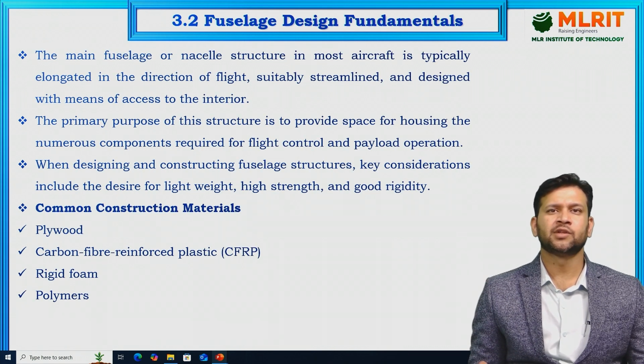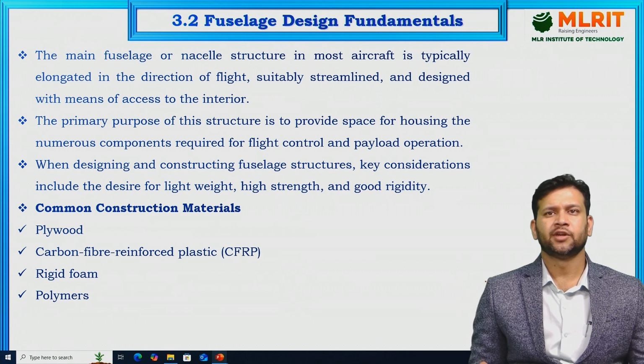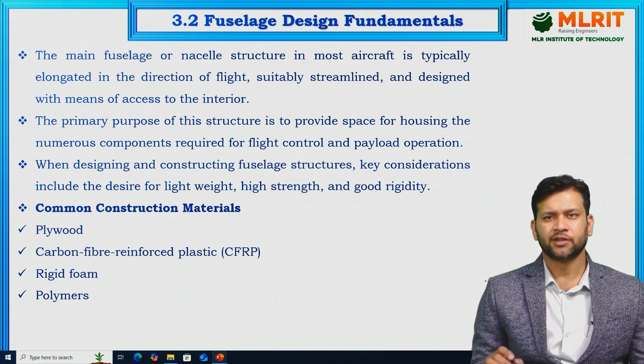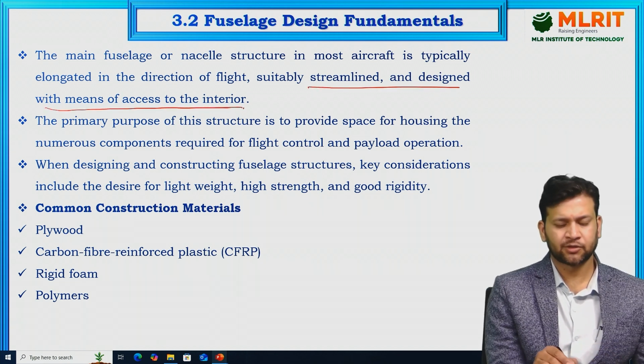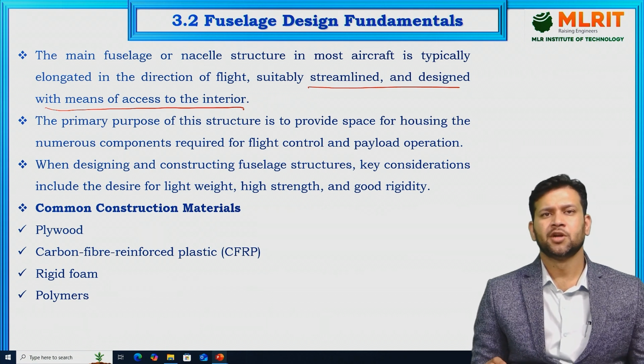The main fuselage or nacelle structure in most aircraft is typically elongated in the direction of flight, suitably streamlined, and designed with means of access to the interior. The primary purpose of this structure is to provide space for housing the numerous components required for flight control and payload operation.